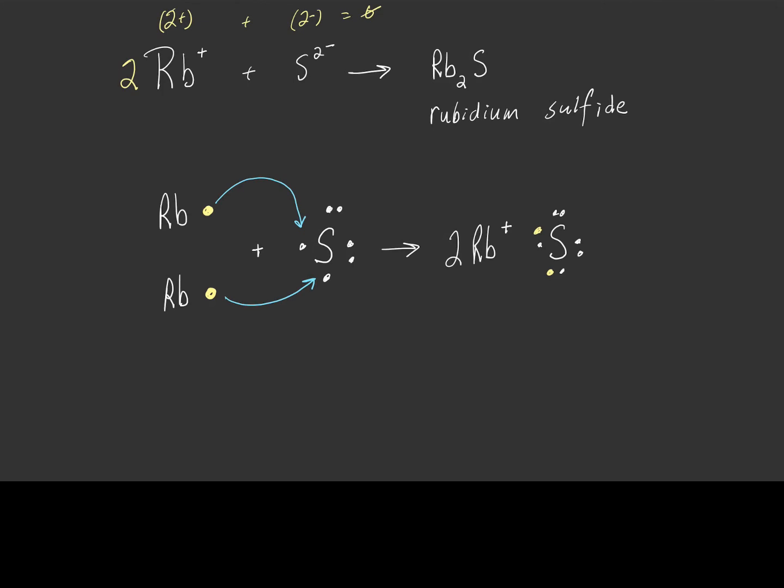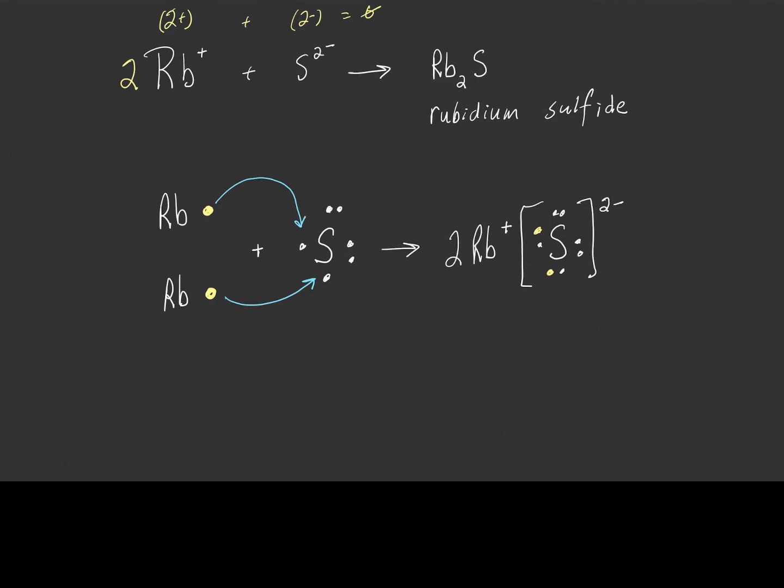We can think of it as the sulfur taking away 2 electrons from the rubidium, which is why we write the negative symbol. Then we put the brackets around it to show that all 8 valence electrons, 2 from each of the rubidium and the 6 that were on the sulfur atom, are now concentrated around this sulfide ion.